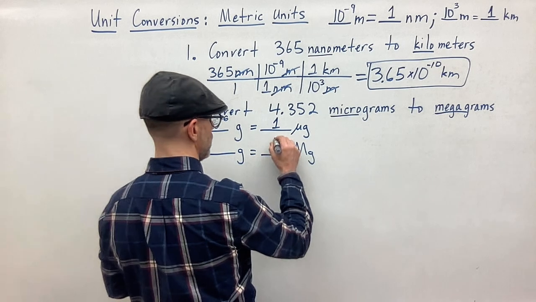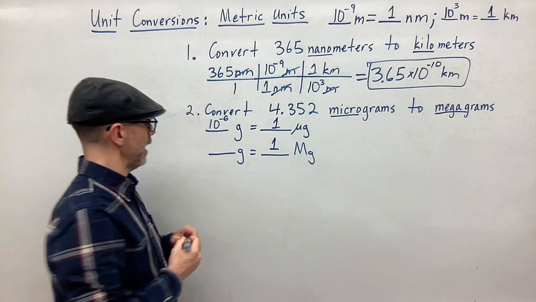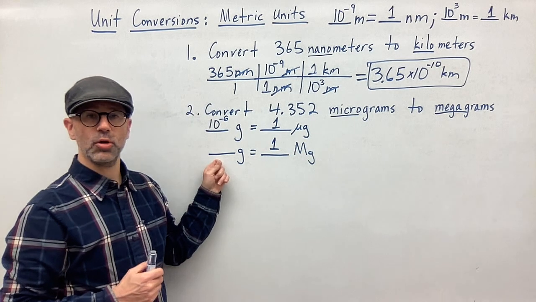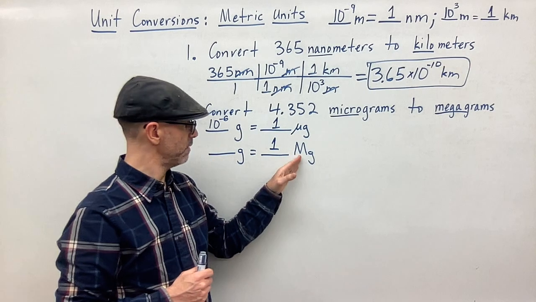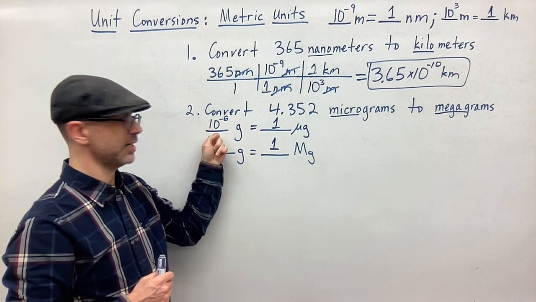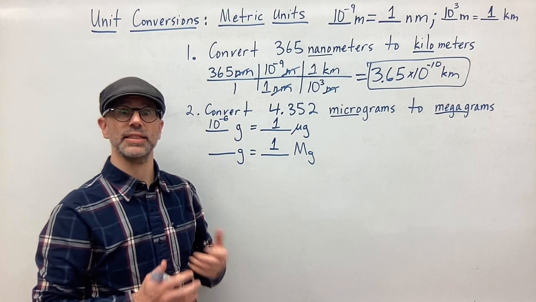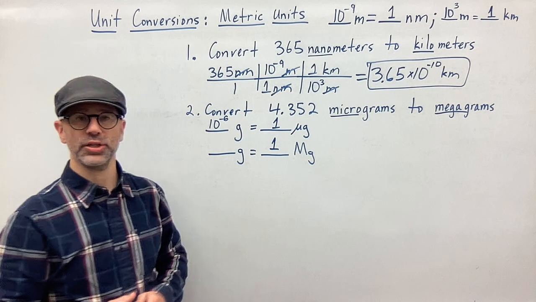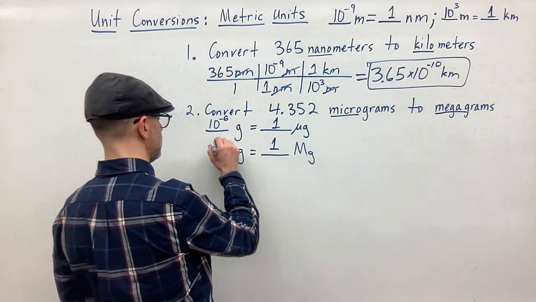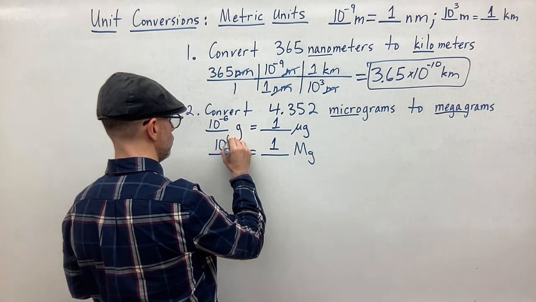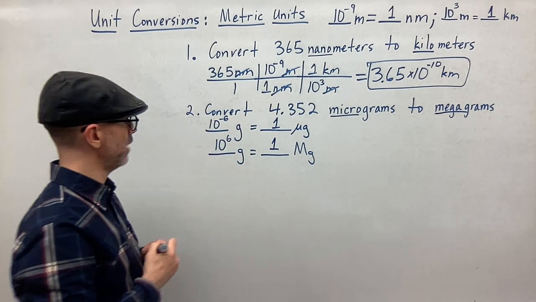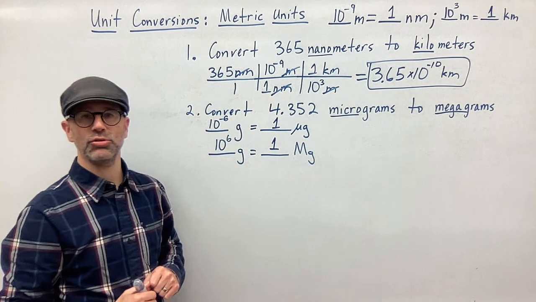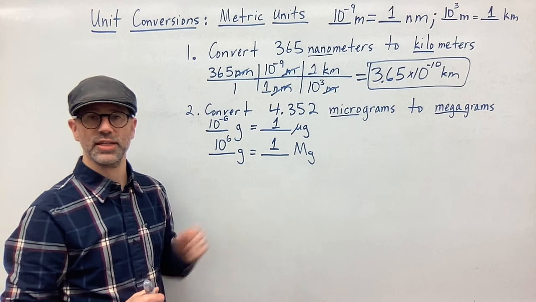So 1 goes here. And then here I put the prefix multiplier. So mega here is not 10 to the negative 6, but 10 to the 6. It's a million. So a megagram is 1 million grams. So this is going to be 10 to the 6 grams. So now I have my 2 conversion factors, my equalities that I'm going to use.